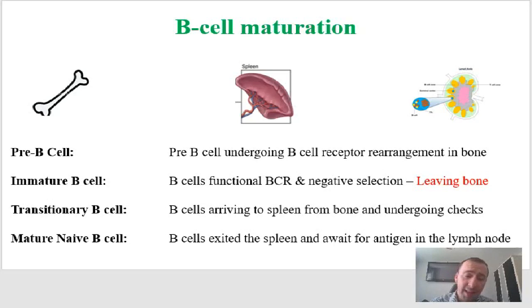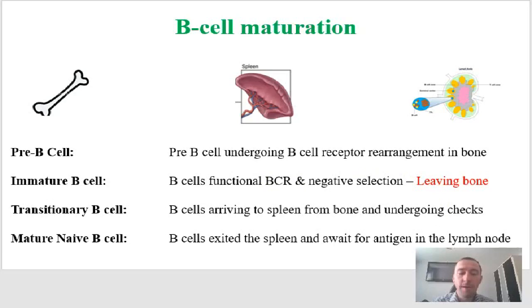Now, at the end of the stages of that process, it then becomes an immature B cell. So an immature B cell will leave the bone marrow and make its way towards other lymph organs such as the spleen and the tonsils.